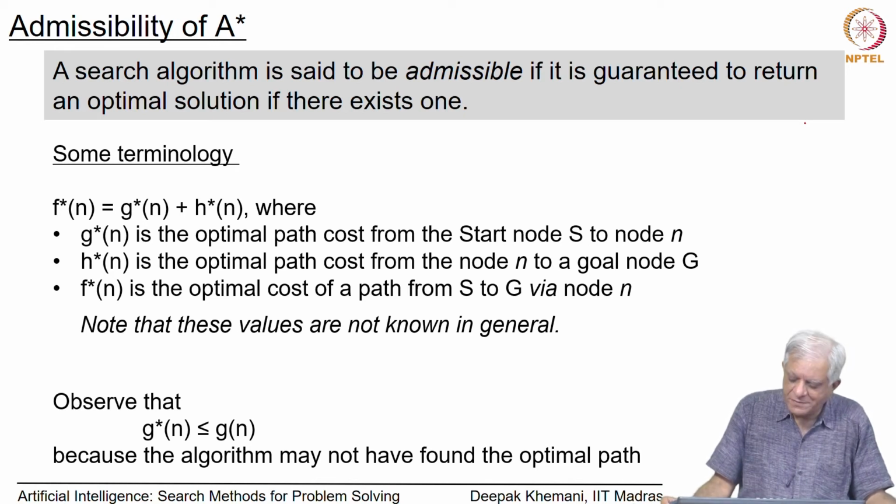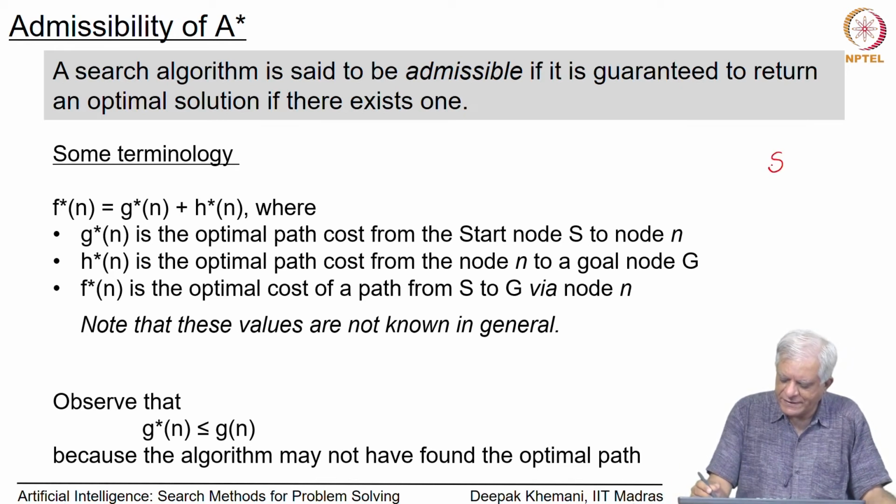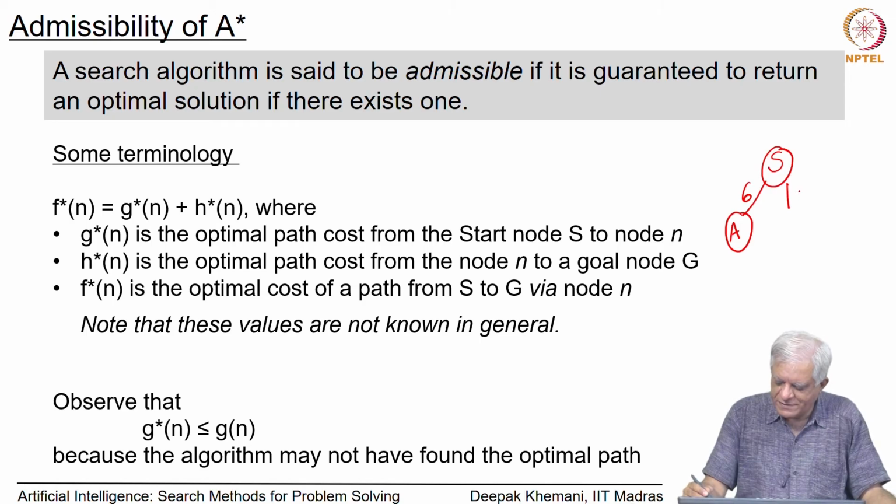Initially, if you remember, we had S, and then we had a cost of 6 to A, and then we had a cost of 3 to B, and so at this point when the algorithm is looking at node A, it estimates g of A to be 6, but later on, after expanding node B also, it found a new path to A, and this value went down from 6 to 5.